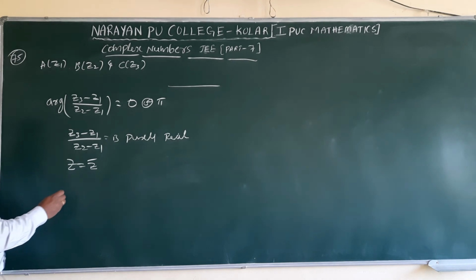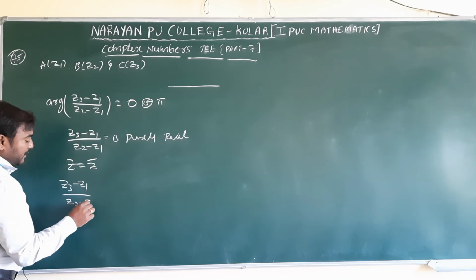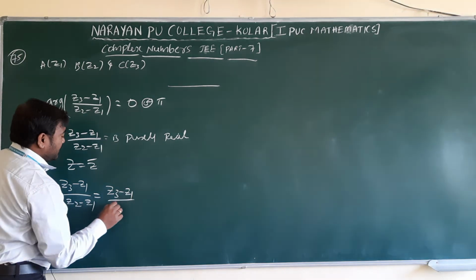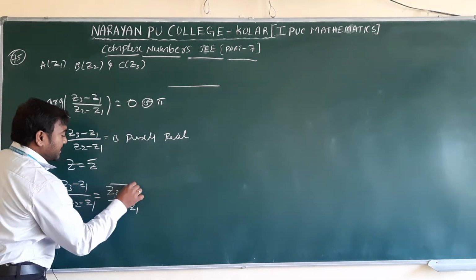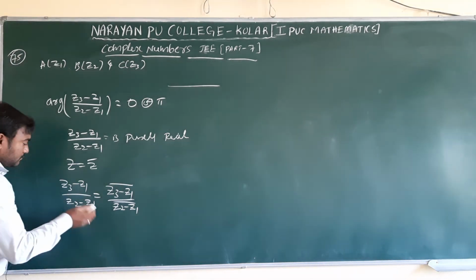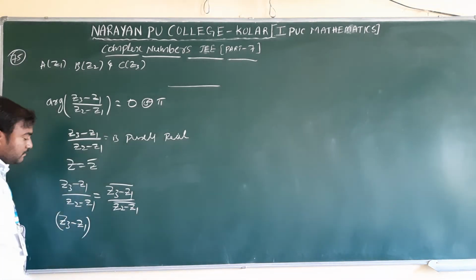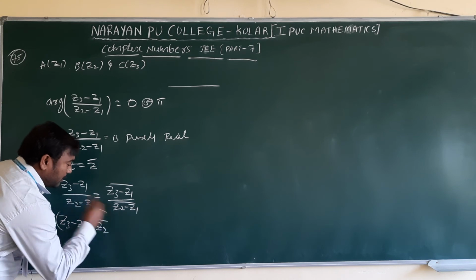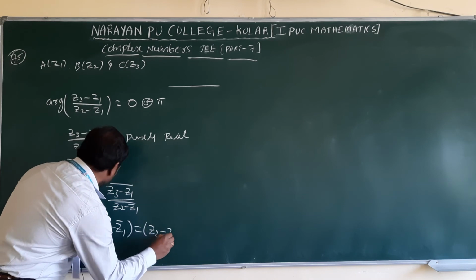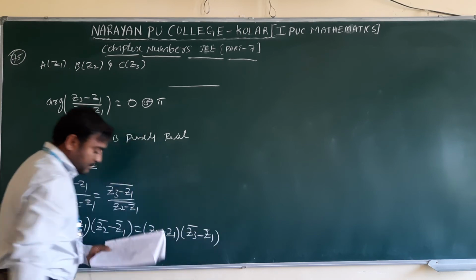So (Z3 minus Z1) by (Z2 minus Z1) is equal to (Z3 minus Z1) by (Z2 minus Z1) with bar applied. Cross multiplying, (Z3 minus Z1) into (Z2 bar minus Z1 bar) is equal to (Z2 minus Z1) into (Z3 bar minus Z1 bar).